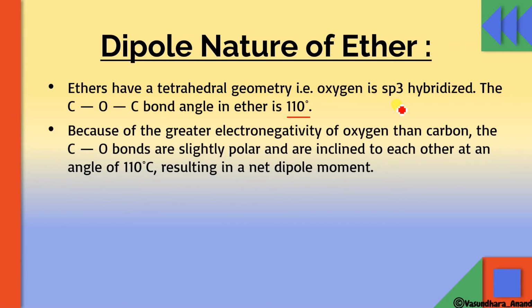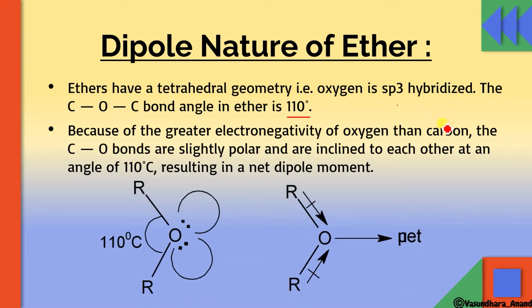Because of the greater electronegativity of oxygen than carbon, the carbon-oxygen bonds are slightly polar and are inclined to each other at an angle of 110 degrees, resulting in a net dipole moment. That means the net dipole moment doesn't become zero. So see, this is the structure. It is not linear, rather it is bent somewhat due to lone pair repulsion also.